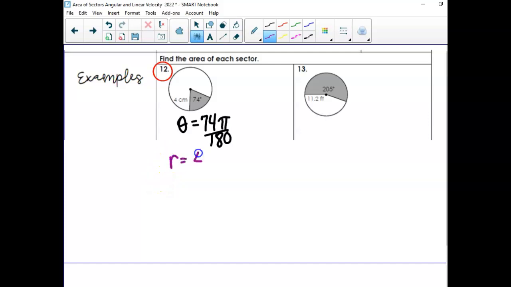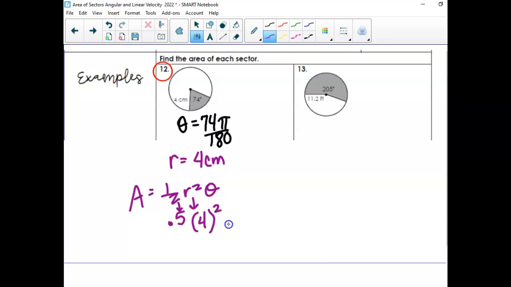Okay, R was 4 centimeters. And the formula again for A is 1/2 r squared theta is the way I usually write it. So do you want me to use a fraction or a decimal for 1/2? Anybody have a preference? Probably faster to type 0.5 in your calculator, huh? 0.5 for the 1/2. For the r squared, we're going to have 4 centimeters squared.